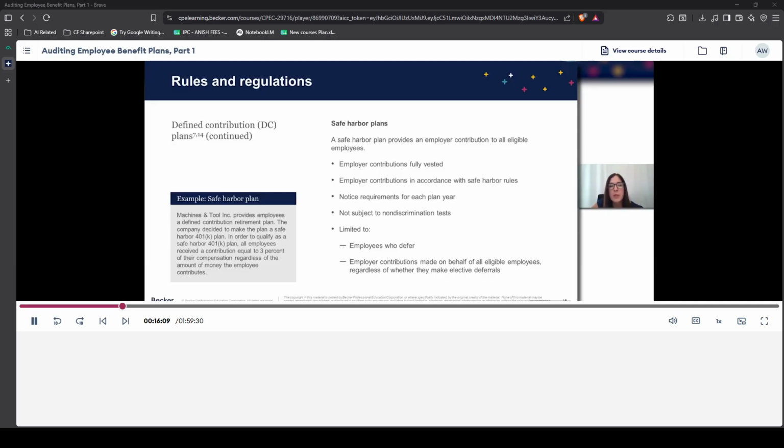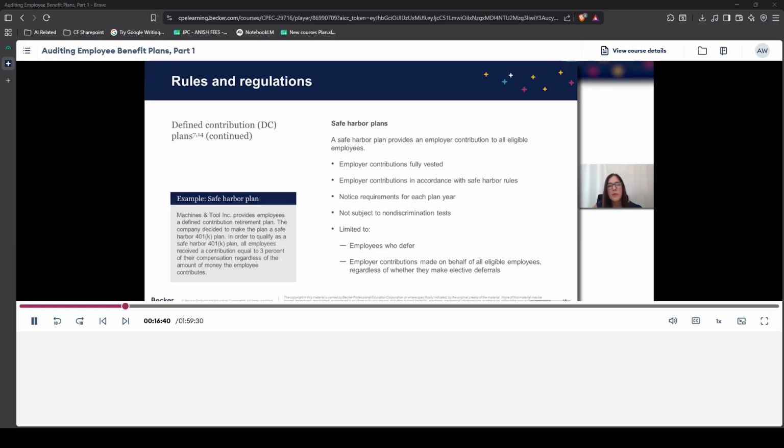And one of the reasons why a plan sponsor may adopt the safe harbor provision is in order to eliminate the non-discrimination test. Now, there are some, again, advantages and disadvantages to this. A safe harbor plan, since they require an employer contribution, they're going to be exempt from those non-discrimination tests, specifically the ADP and ACP test. Now, there are a couple of other requirements here to be a safe harbor plan.